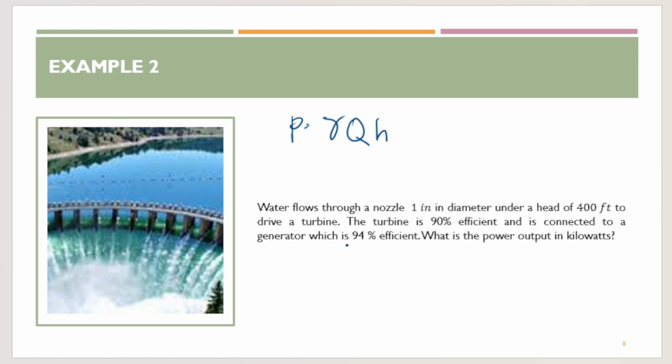Q here is discharge, equal to cubic meter per second, or cubic foot per second. Q is also equal to area times the velocity. Area is in square meter, and velocity can be meter per second or feet per second.